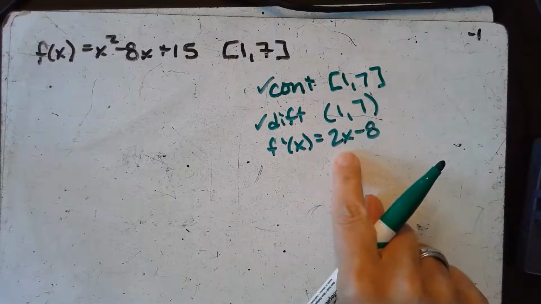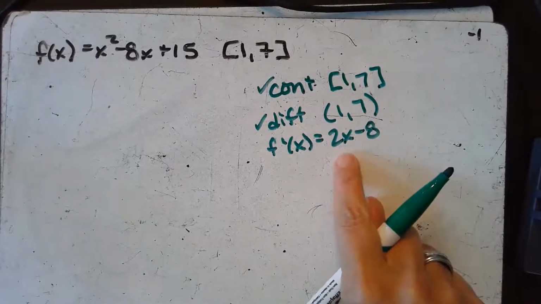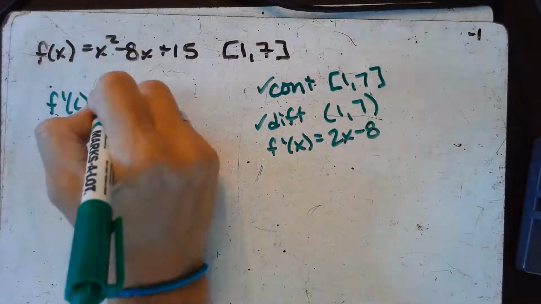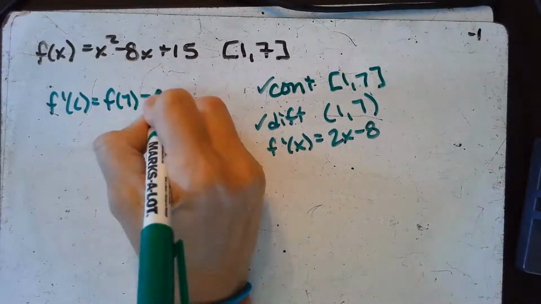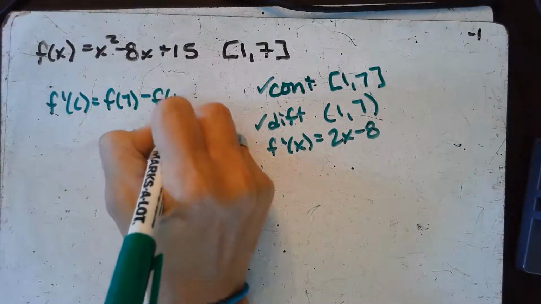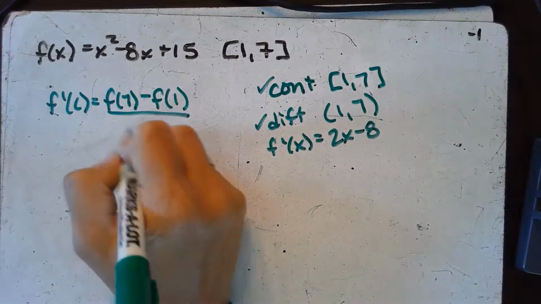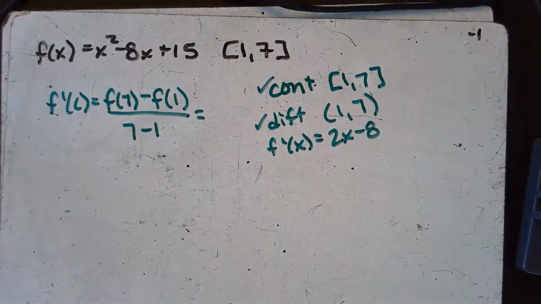But it's continuous, I don't have anything that I'm limited on. So therefore, f prime of c equals, all right, we're going to do f of 7 minus f of 1 all over 7 minus 1.